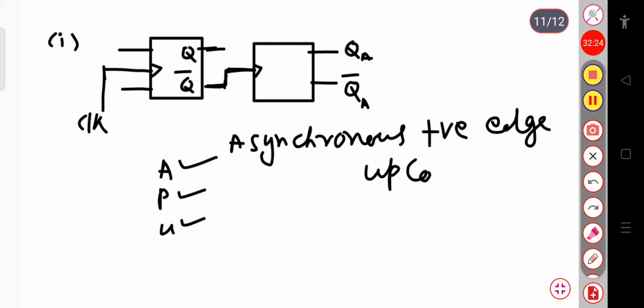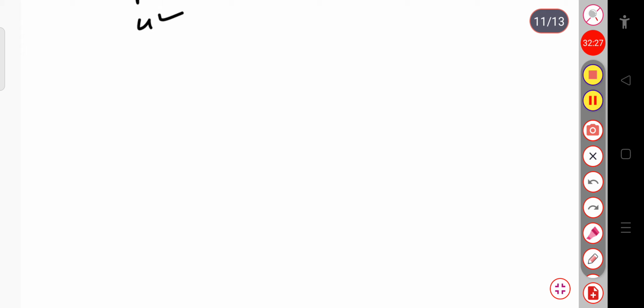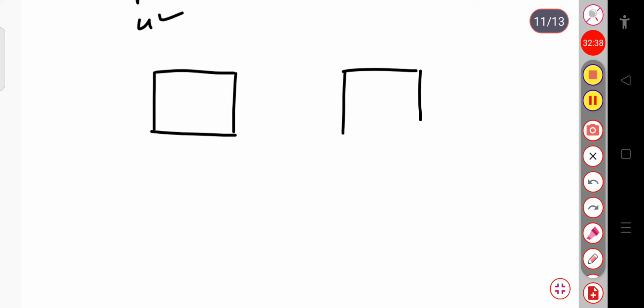Now let us do one more example. Suppose this is my one flip-flop, this one is the second flip-flop. Okay, just try to give the answer by yourself. Just pause the video. This is suppose input, and this one is my clock with a bubble in it. This is my clock pulse.